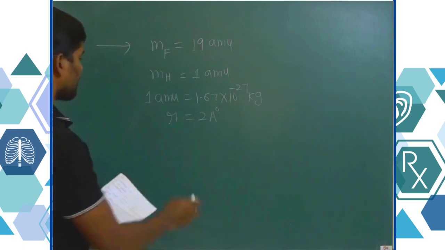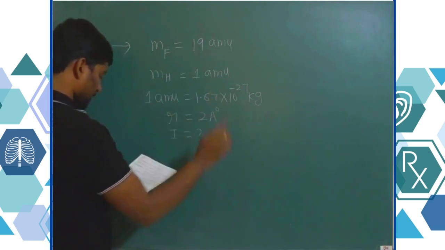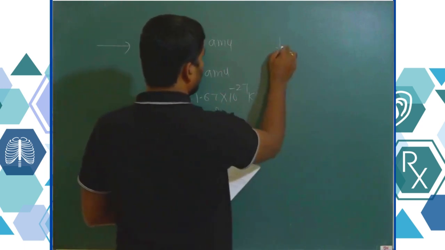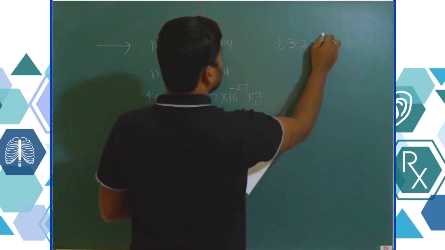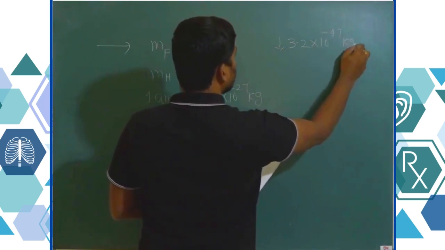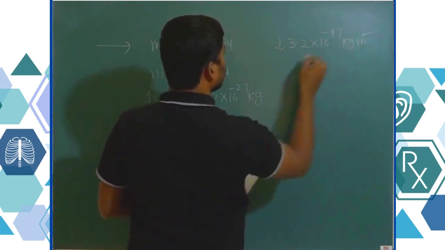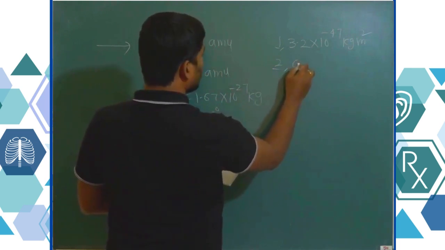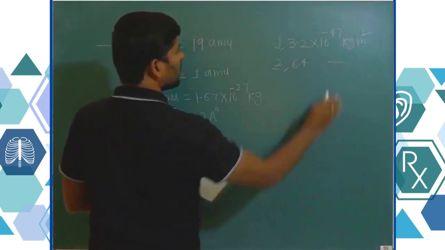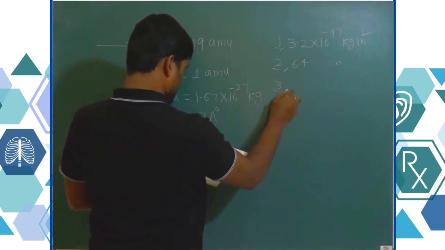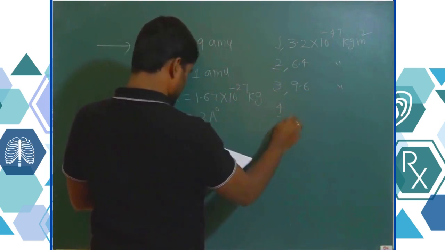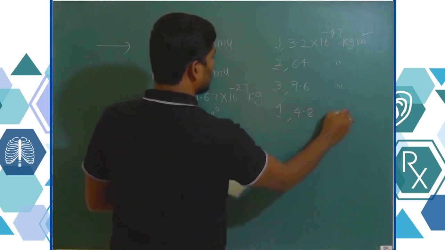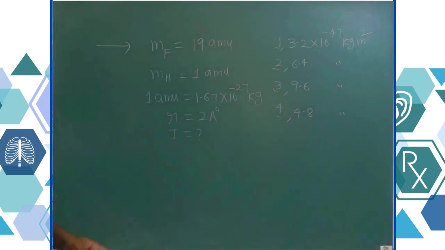The moment of inertia of HF is, options given: 3.2 into 10 power minus 47 kg meter square, 6.4 into 10 power minus 47, 9.6 into 10 power minus 47, 4.8 into 10 power minus 47 kg meter square.